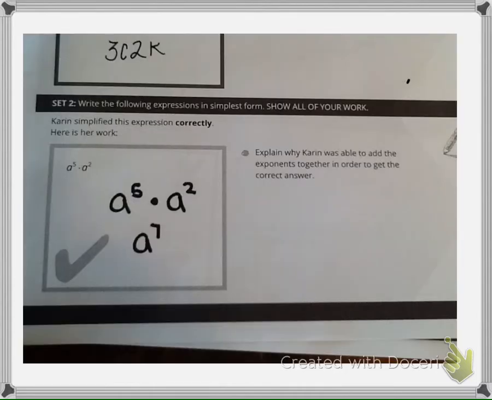This next question asks you to explain why Karen was able to just add the 5 and the 2 to get a to the 7th. Turn the video off, write what you're thinking down, and then turn the video back on and listen and watch to the answer.